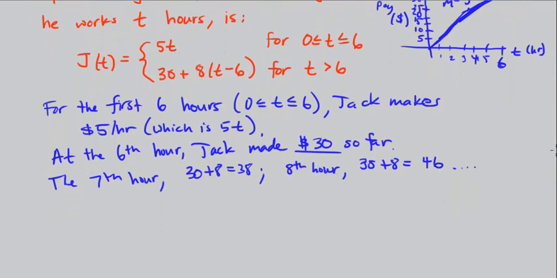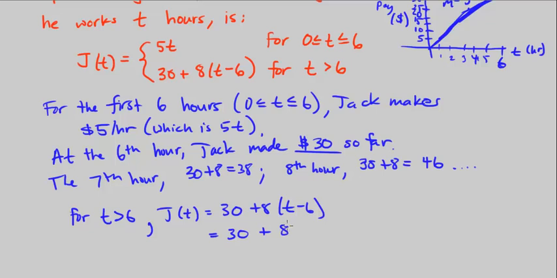Well, let's go ahead and check this, because for t greater than or equal to 6, right here, we have J of t equals 30 plus 8 times t minus 6. And let's simplify this.